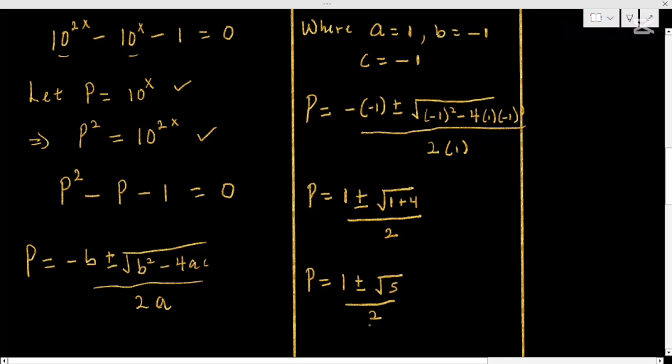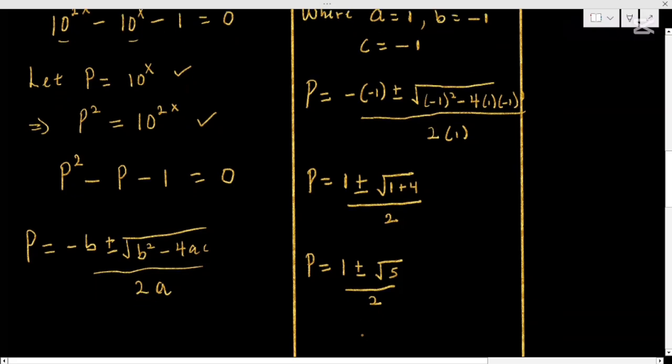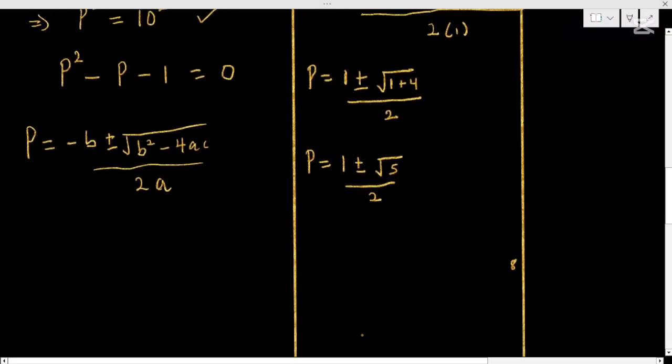Now, we already know that whenever we are solving a quadratic equation, the answers always come in pairs, right? So we have P equals 1 plus the square root of 5 over 2, or 1 minus the square root of 5 over 2.